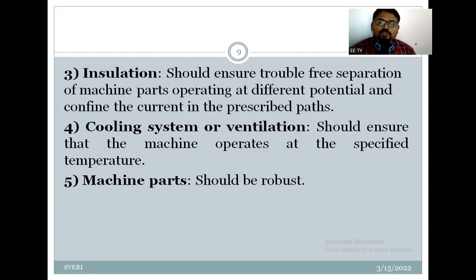So which is my fourth part? See, they have given cooling system and ventilation. Consider the example of a transformer. A transformer works 24/7, so obviously it requires cooling or ventilation.